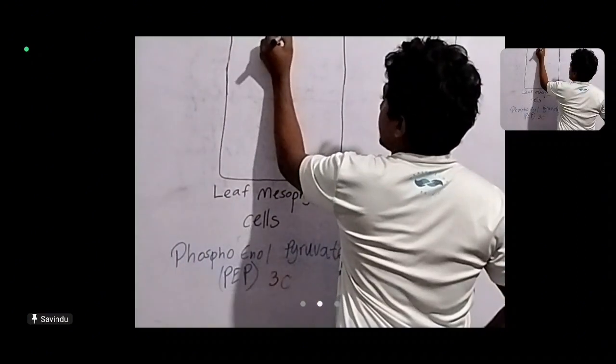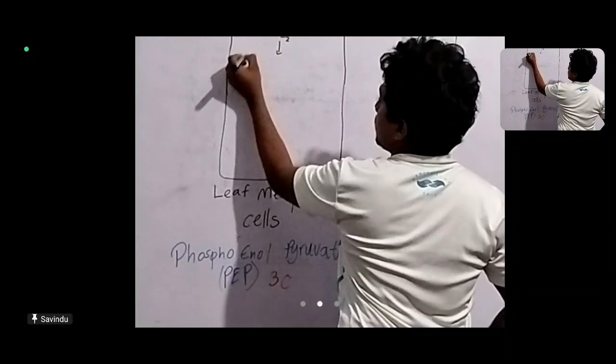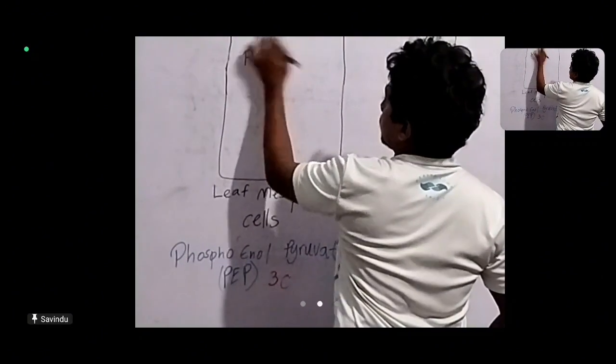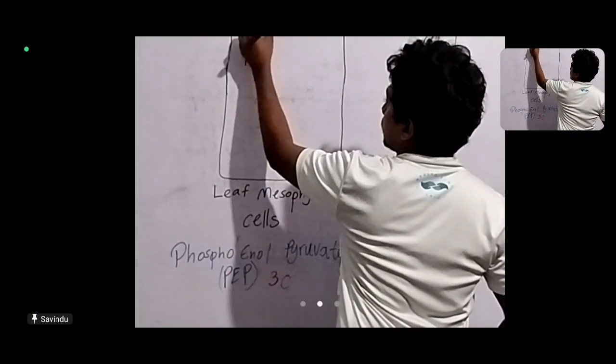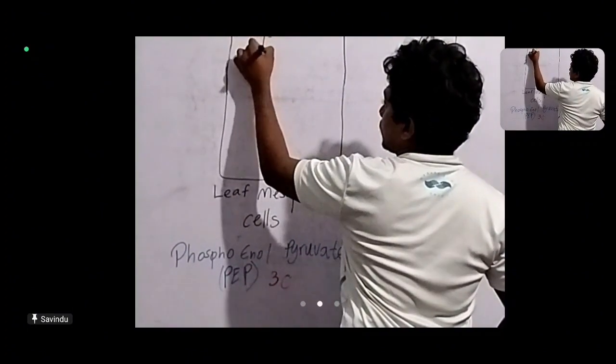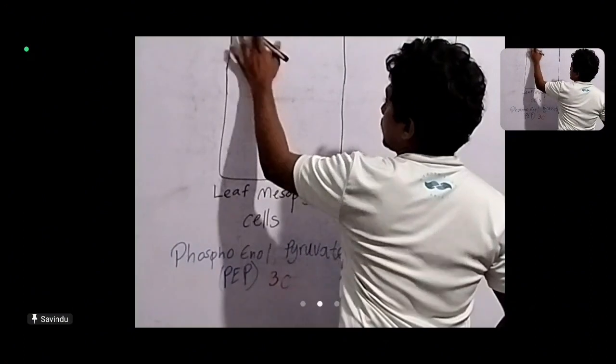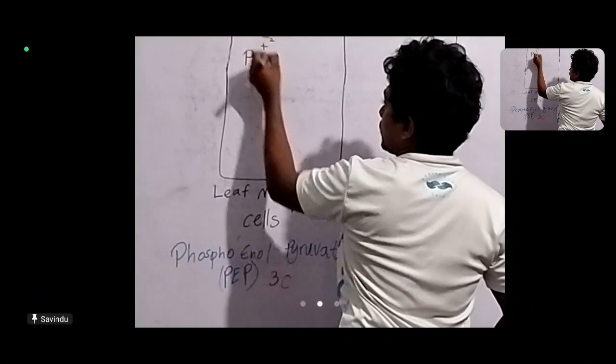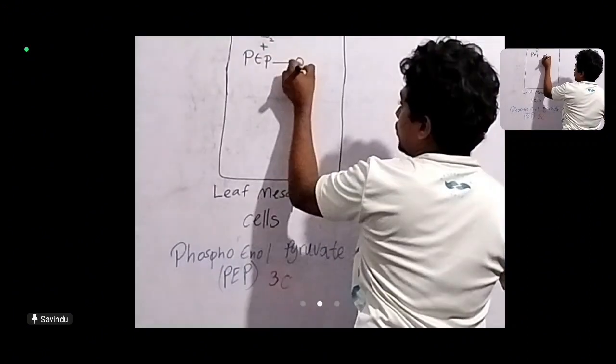This carbon dioxide is fixed by PEP, and then forms oxaloacetate.